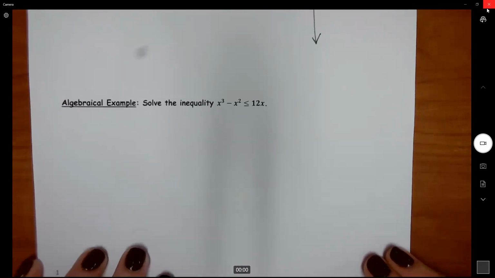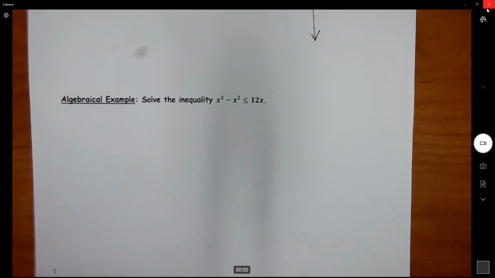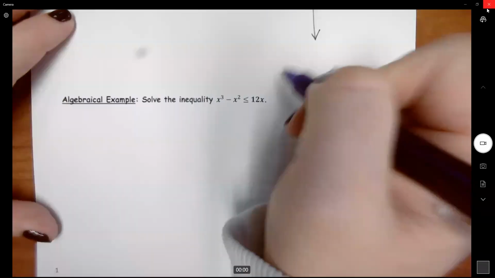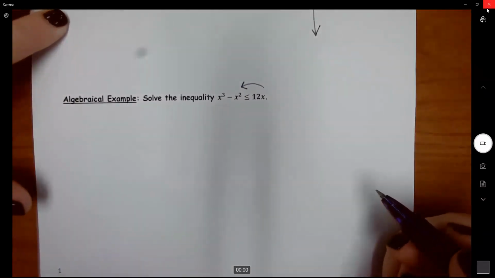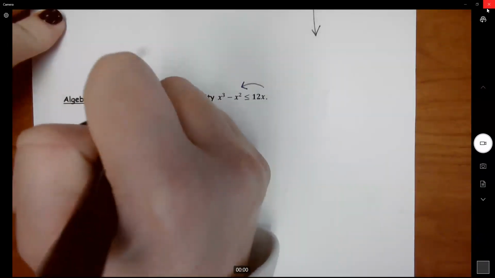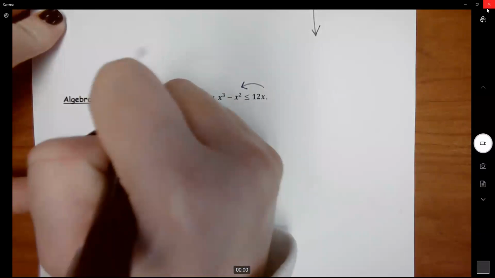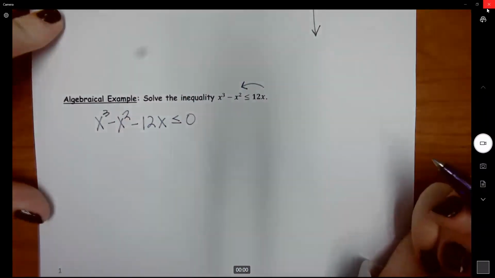On the second one, we need to solve this one by algebra. So solve the inequality x cubed minus x squared is less than or equal to 12x. First, you need everything on one side of the equation. So this is x cubed minus x squared minus 12x is less than or equal to 0.